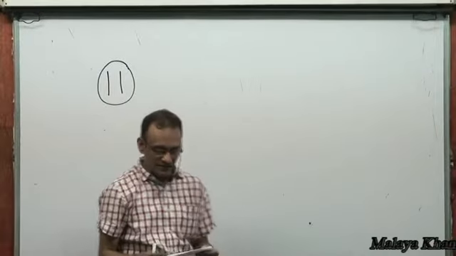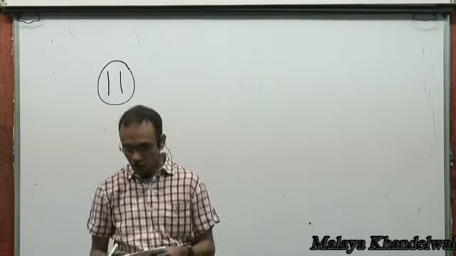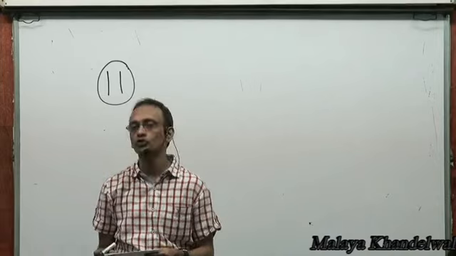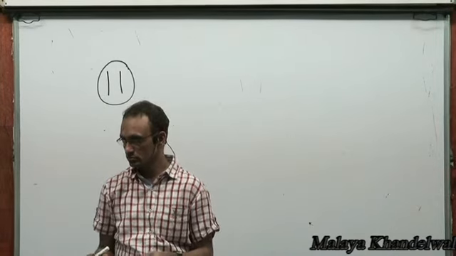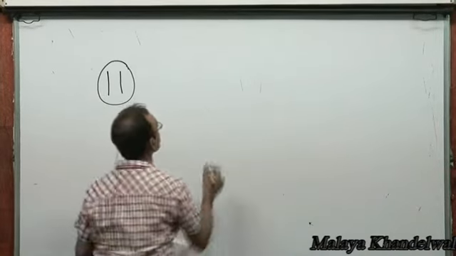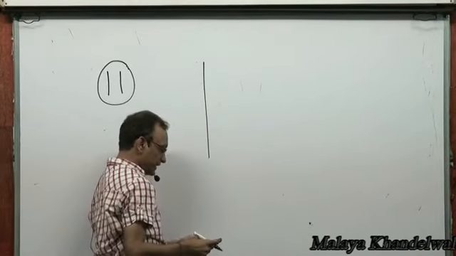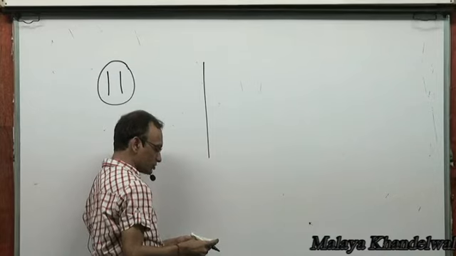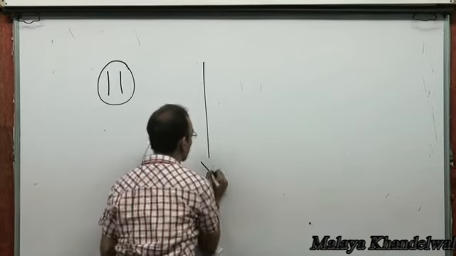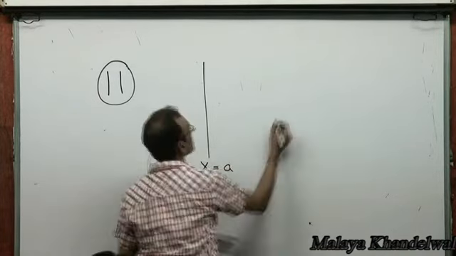A particle of mass m and charge q moves with a velocity v along the positive x direction. It enters a region of uniform B along the negative z direction, extending from x equal to a to x equal to b.